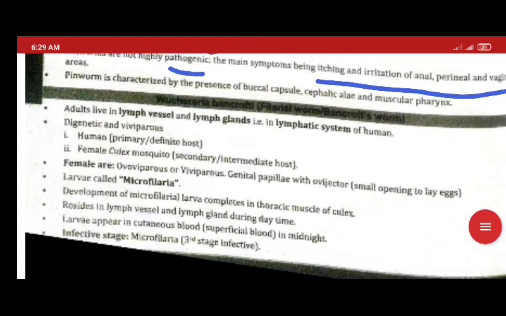Now we have next, Wuchereria bancrofti, the filarial worm that causes what we call hathi pair rog. This parasite lives in the lymph glands or lymphatics. Human is the primary host and the Culex mosquito is the secondary host.